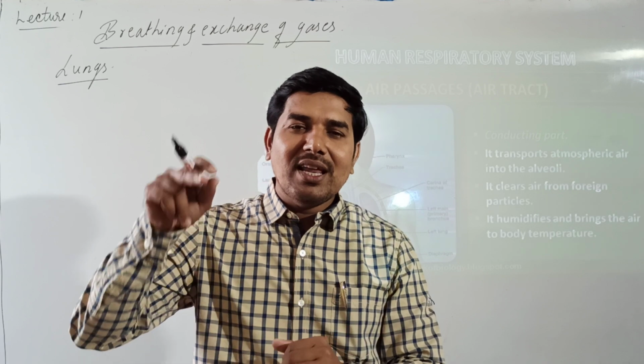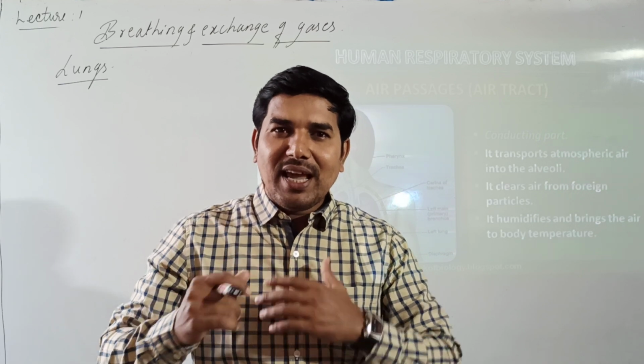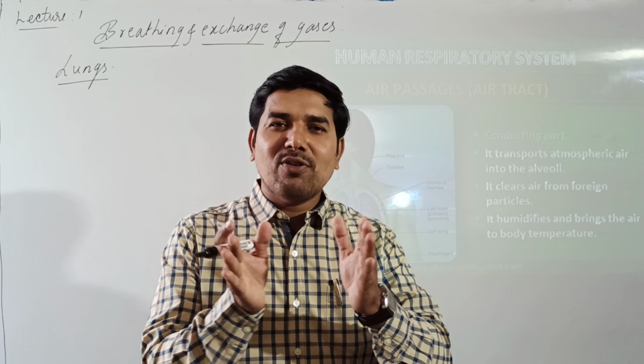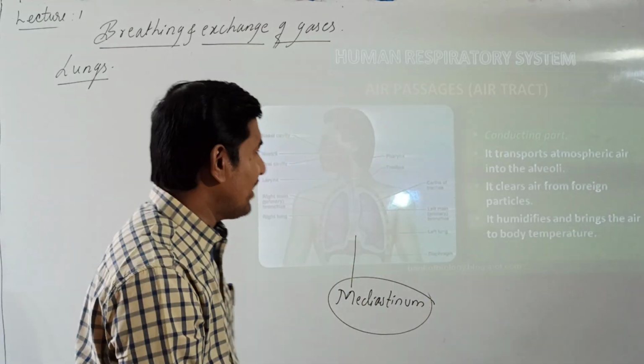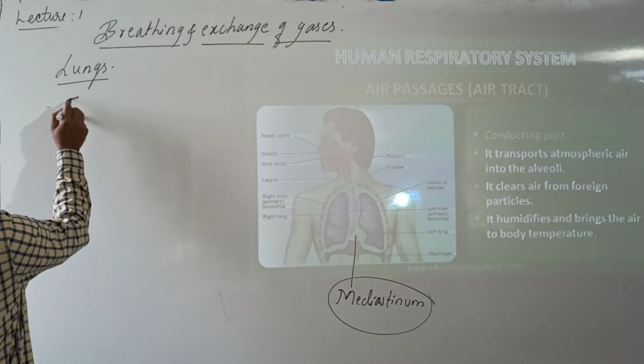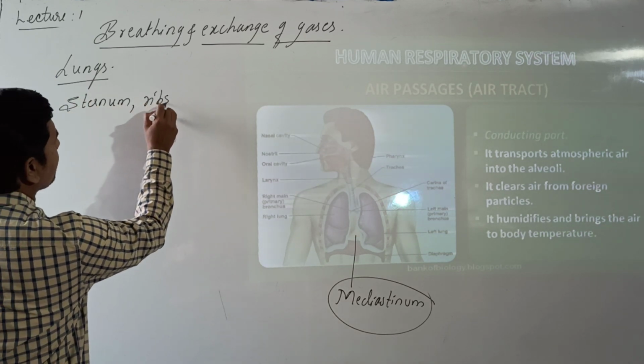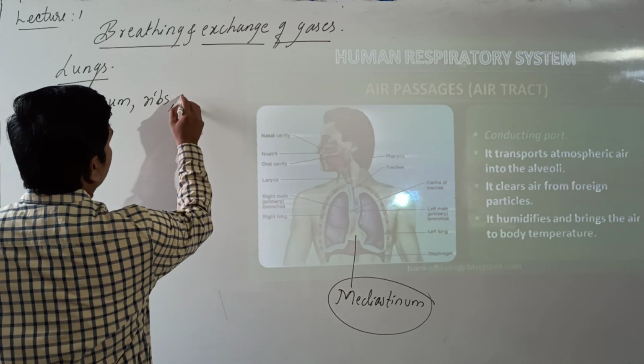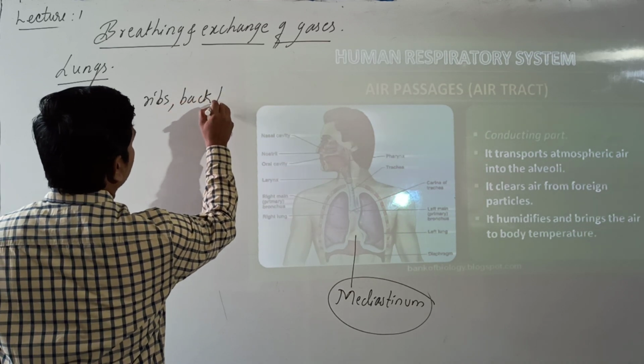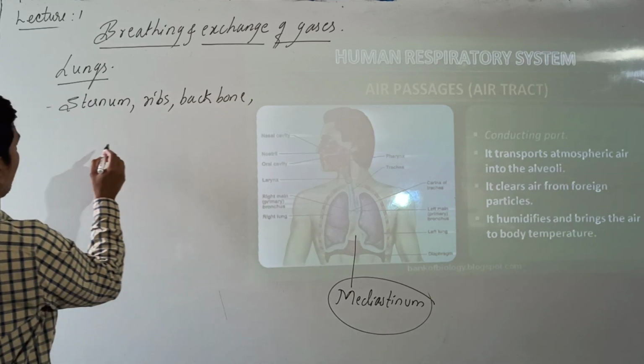This is how the lung is protected. The ribs form a cage, which we call a rib cage. Okay, so how are the lungs protected? By the sternum, ribs, then the backbone or vertebral column, then the diaphragm.